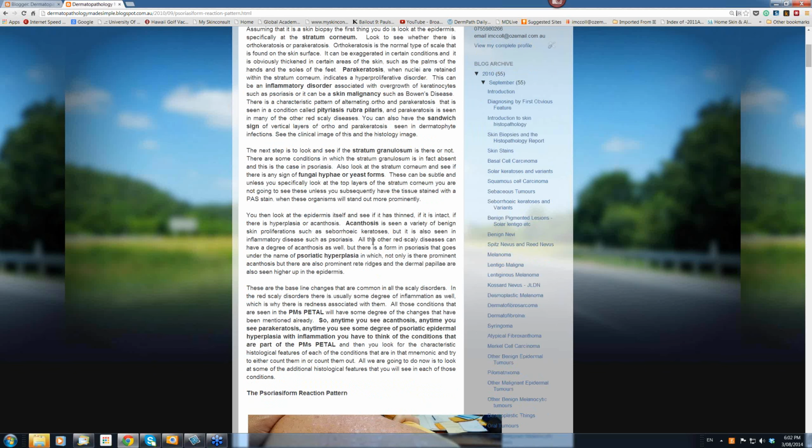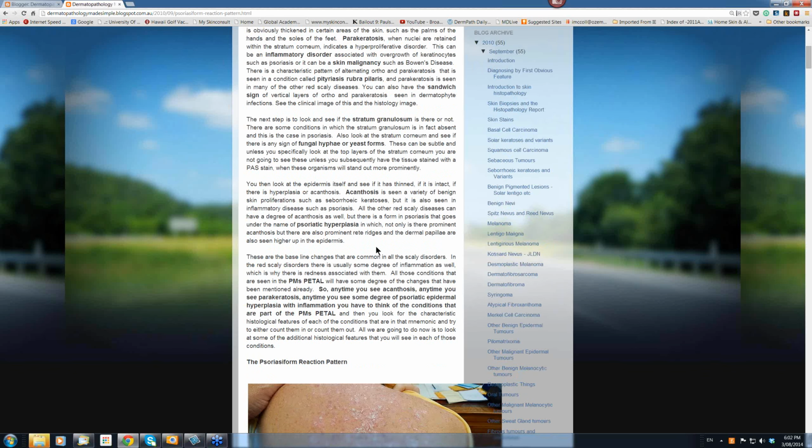Look at the epidermis then. Is it thickened or thinned? If it's thickened, there's usually hyperplasia or acanthosis. And this acanthosis is also seen in a variety of benign skin proliferations, such as seborrheic keratosis, but also in the inflammatory diseases such as psoriasis. Now, most of the other red scaly diseases will have a degree of acanthosis.